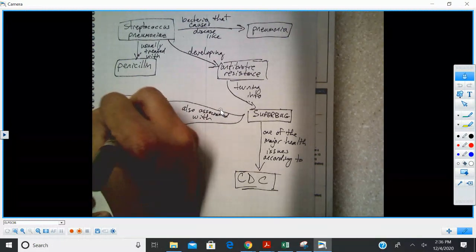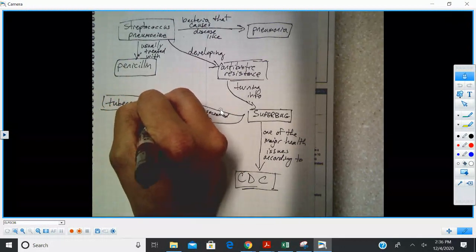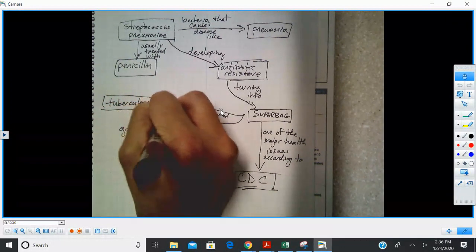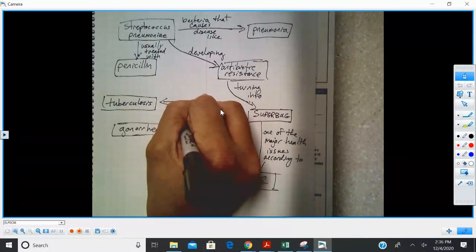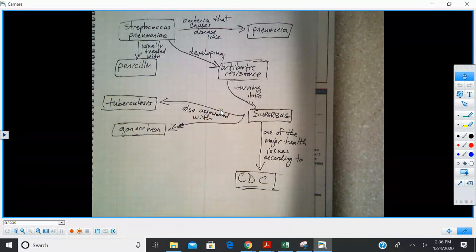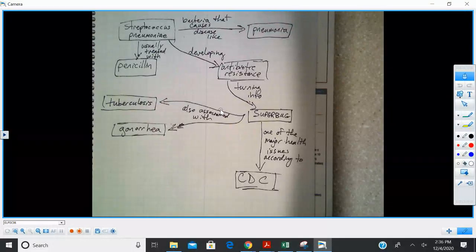Also, gonorrhea, which is a sexually transmitted disease, is another example where the bacteria are becoming resistant to the antibiotics. And so, how does this happen? Let's say one bacterium gets a mutation that allows it to be antibiotic resistant.